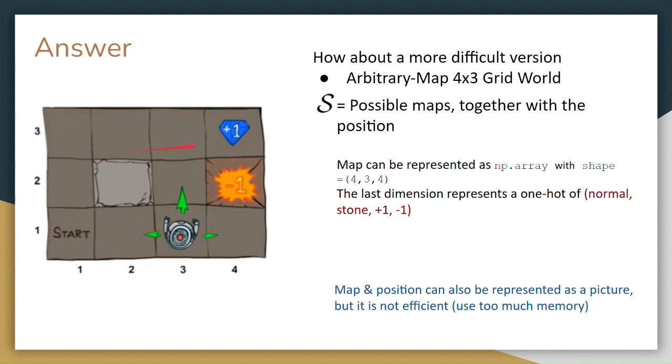Just like in a real game, every game can be represented as a picture, but it's not efficient, because to represent everything as a picture, you have to define a lot of pixels, colors, everything, and you use a lot of memory. By simply defining it as a numpy array of 4 by 3 by 4, you save a lot of memory, and your agent can process this information much more easily.